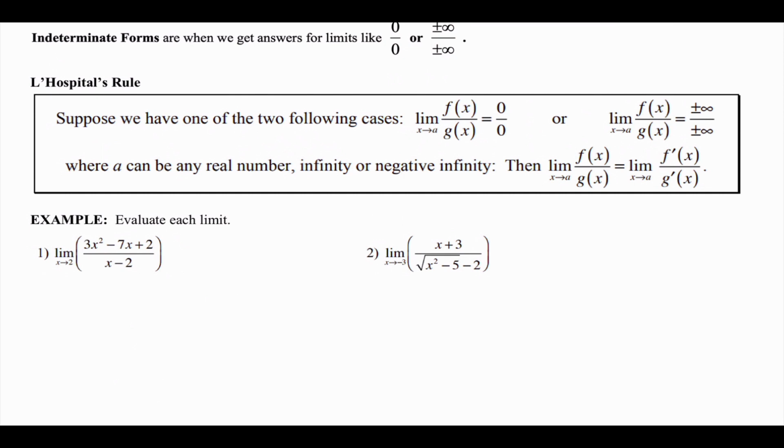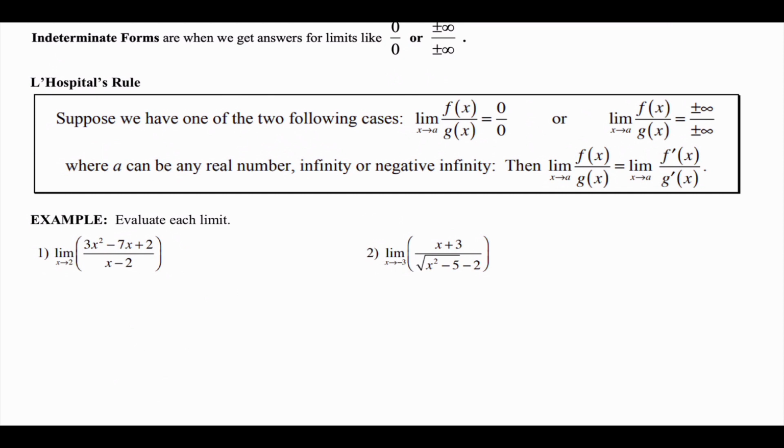So you're taught that anytime you get a 0 on top, the answer is always going to be 0. Anytime you get a 0 on bottom, the answer is undefined. Well, how about if you get 0 over 0? Is it 0? Is it undefined?